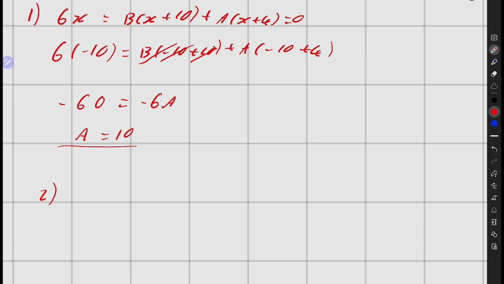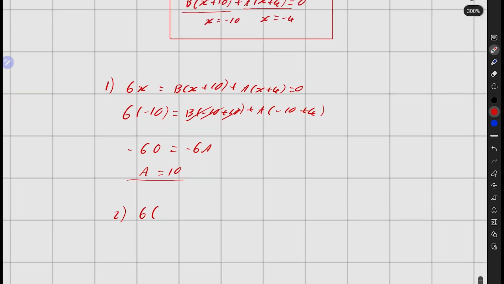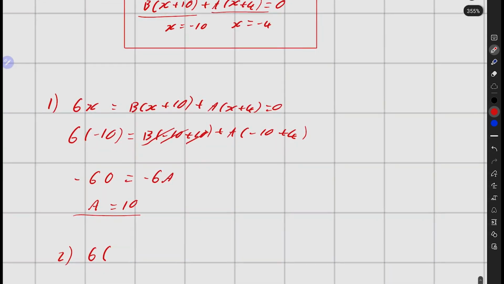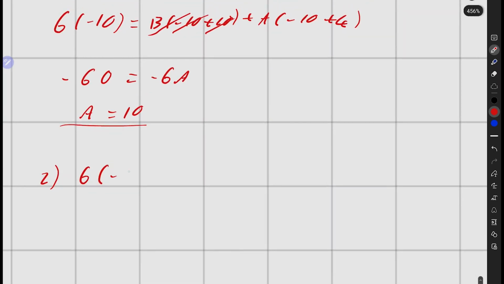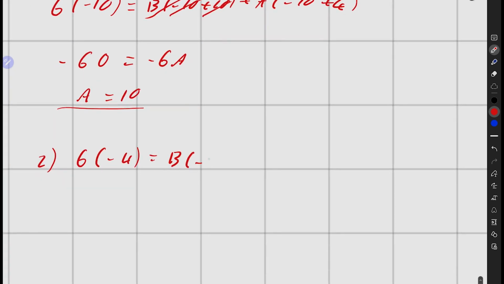Okay, and solving for b, we're going to do the exact same thing. So we're going to have 6 multiplied by, and we're going to set our other x value in. So that was minus 4. 6 multiplied by minus 4 equals b multiplied by minus 4 plus 10 plus a multiplied by minus 4 plus 4.